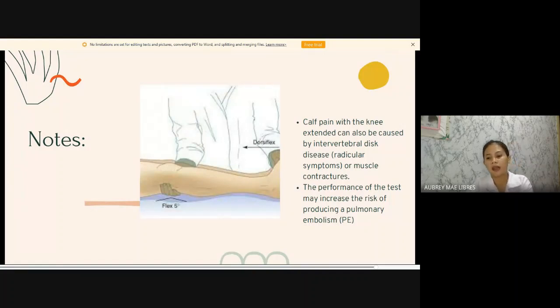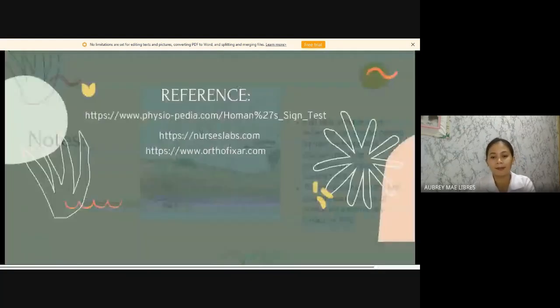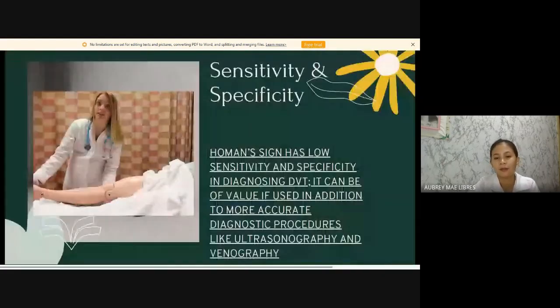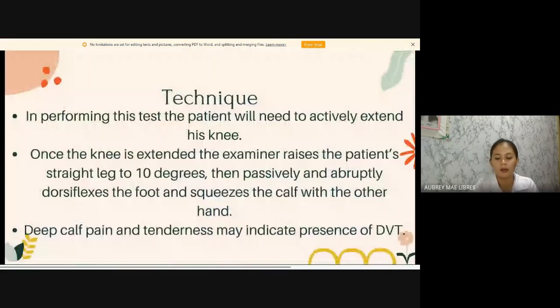Performance of the test may increase the risk of producing a pulmonary embolism. So that's all of my report.